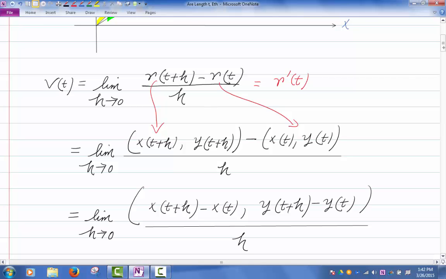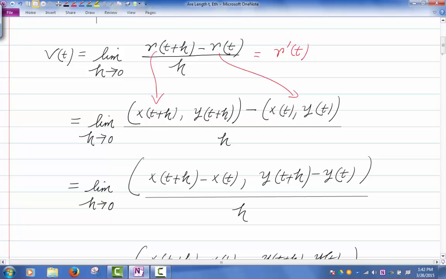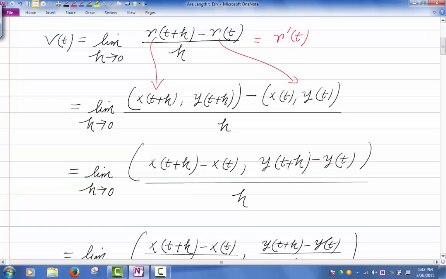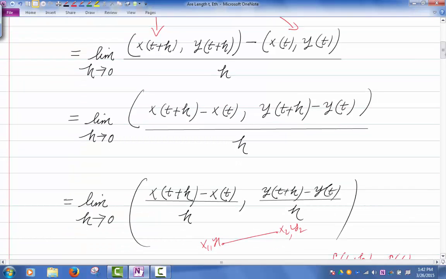Once I have that, I have to divide by h, which simply means you divide each component by h. So you're going to get x of t plus h minus x of t divided by h, comma, y of t plus h minus y of t divided by h.